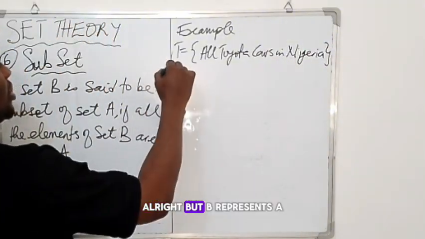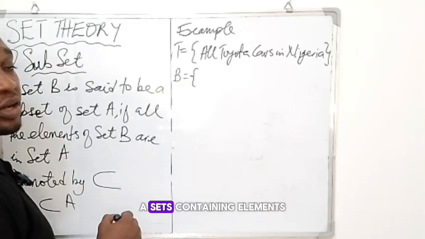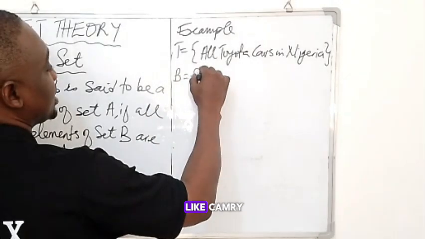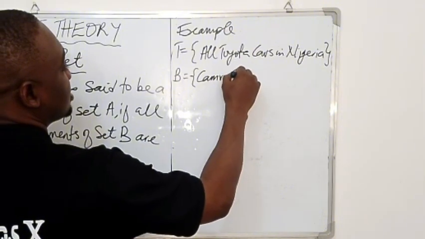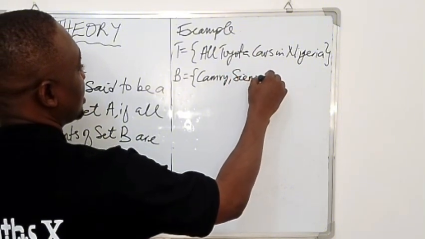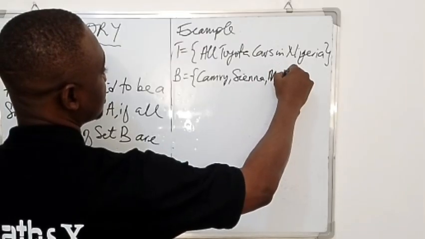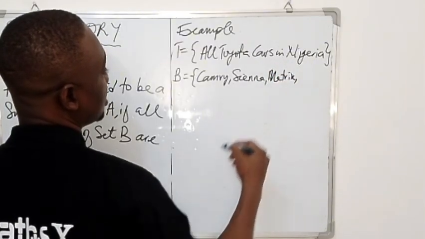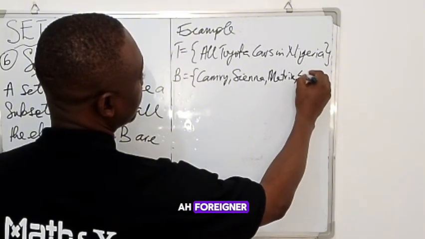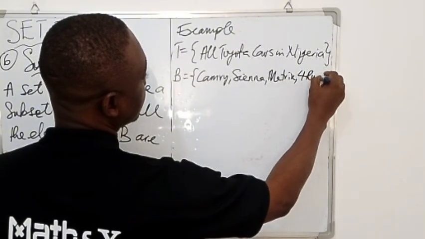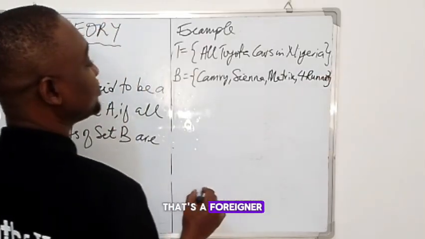All right, but B represents a set containing elements like Camry, Sienna, Matrix, lastly, Forerunner.